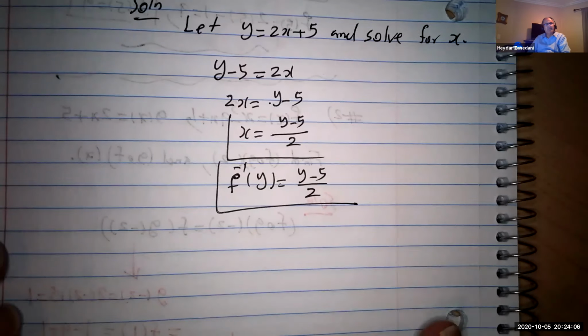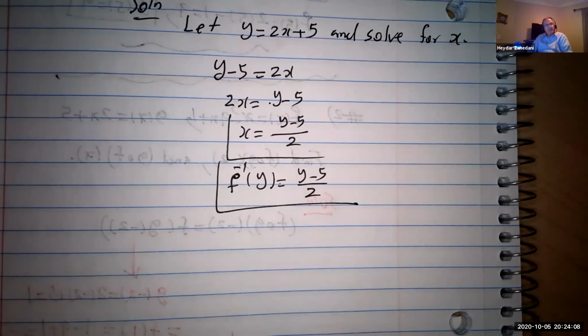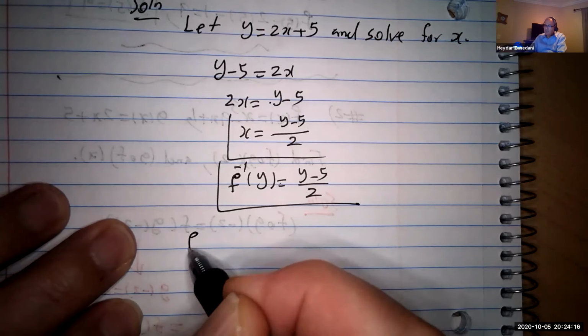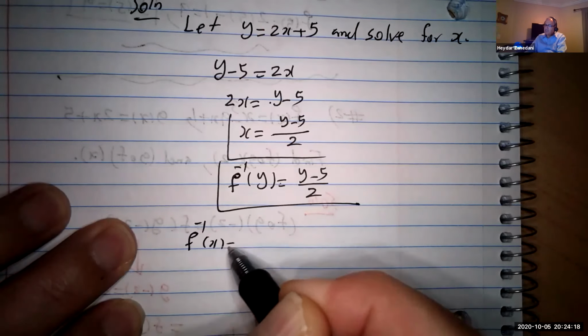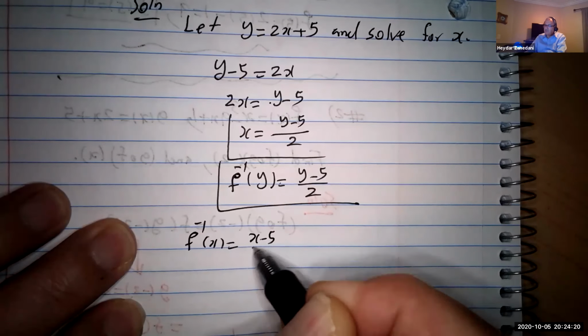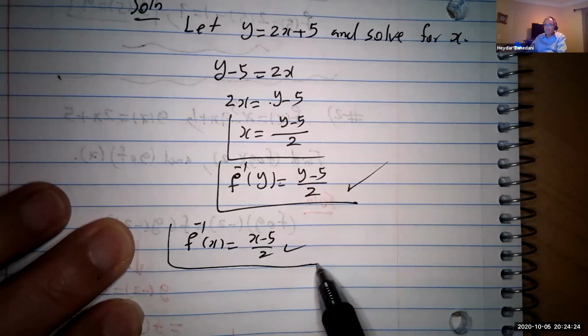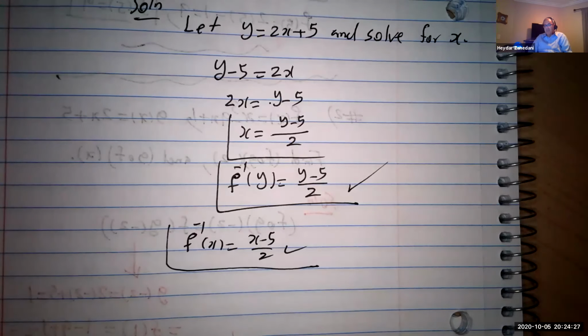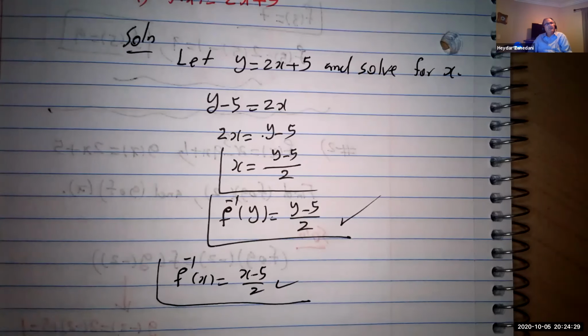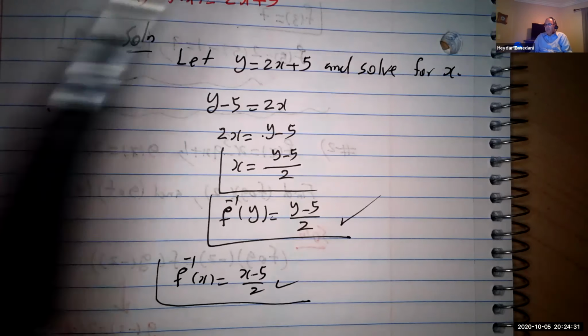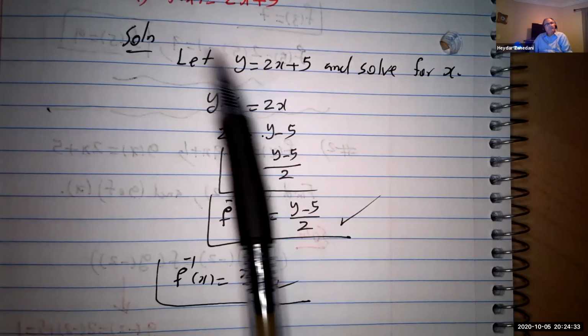Even that would be enough. But if you would like to write it as a new function, you can change it to x. That's optional. In your book, they ask for f inverse of x, then you change it to x. f inverse of x equal to x minus 5 over 2. I accept this one even as the inverse function. I explained the method of your book the other day. In the book, they switch x and y at the beginning.